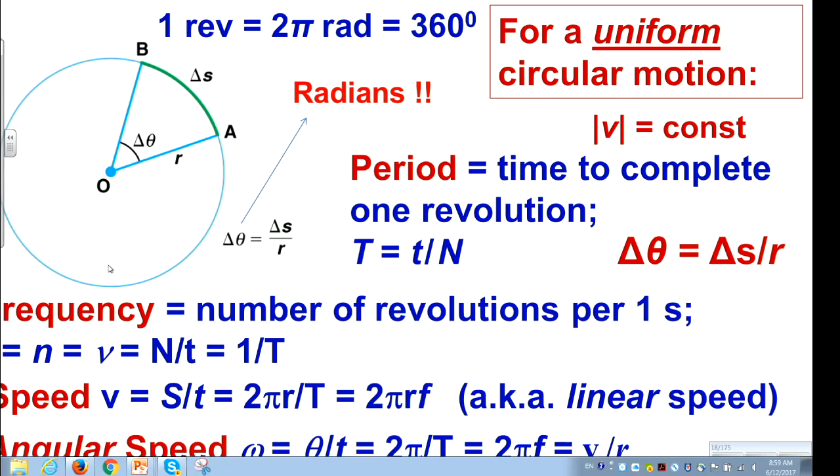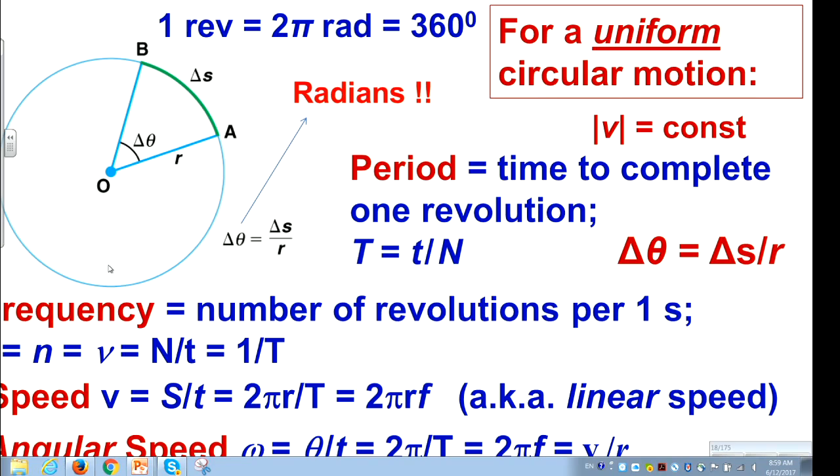In different textbooks and different problems, people use lowercase f, n, or the Greek letter nu. It looks like a V, but it's not V. It's not mu, it's nu. Still, frequency is number of turns per second, inversely proportional to period.